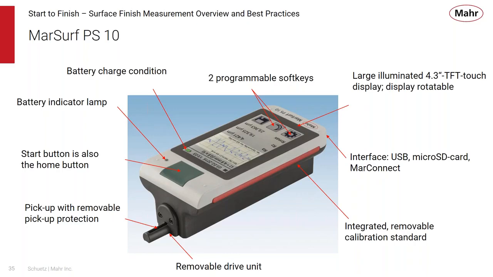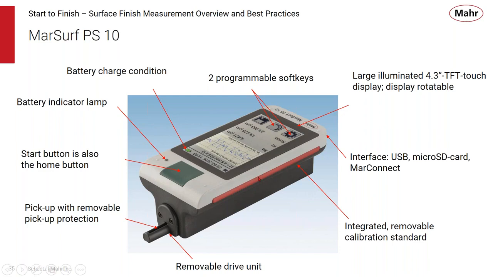It has the ability to pull up menus, to slide the menus up and down, make selections with a touchscreen type of display. So the idea is that if an operator is used to using a smartphone, he's going to be able to pick up the PS10 and use this with great simplicity.